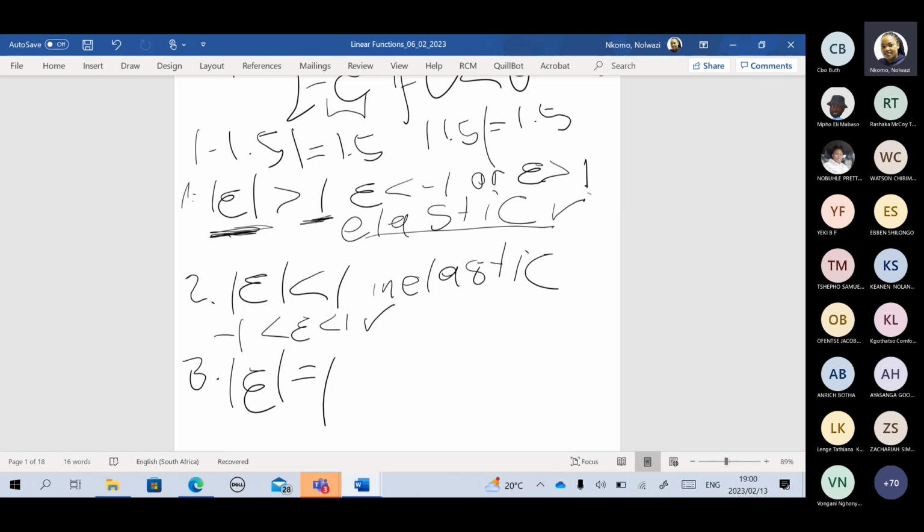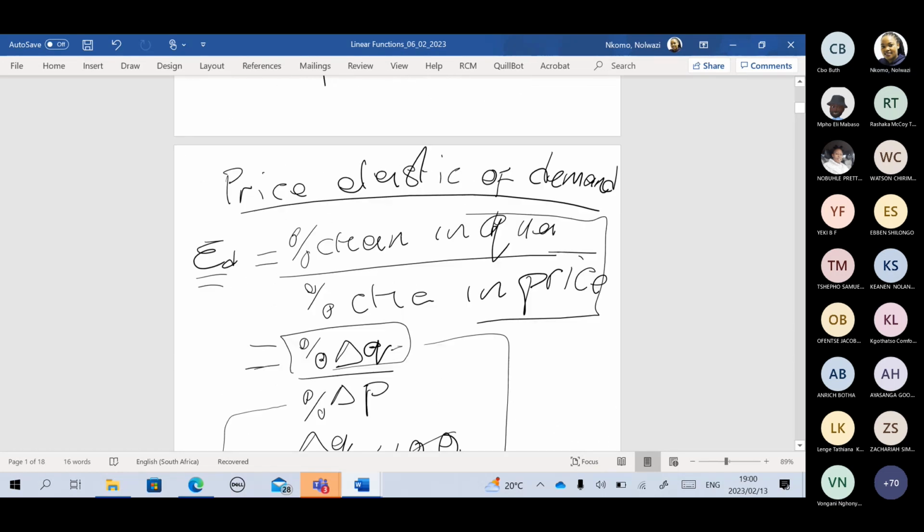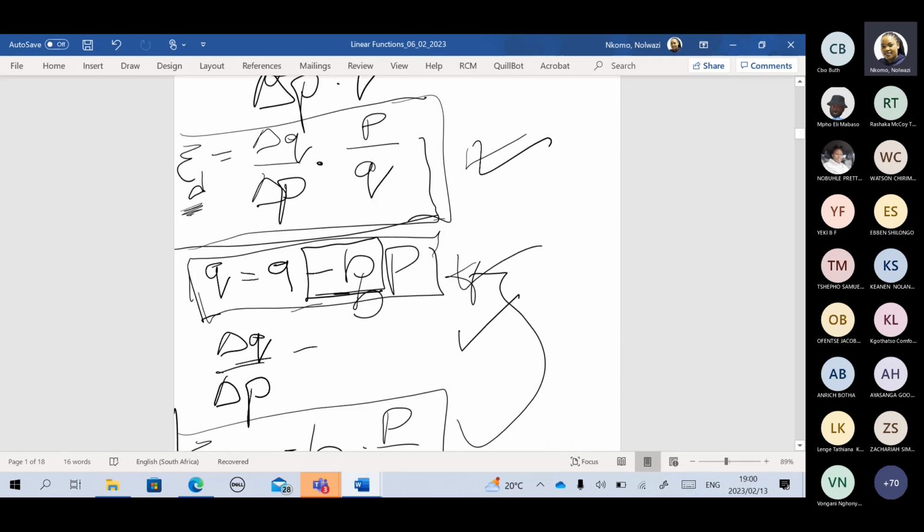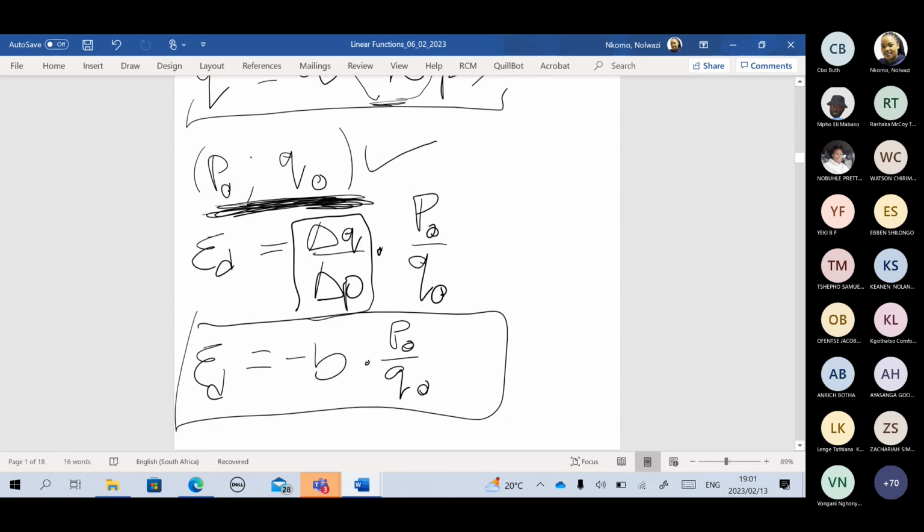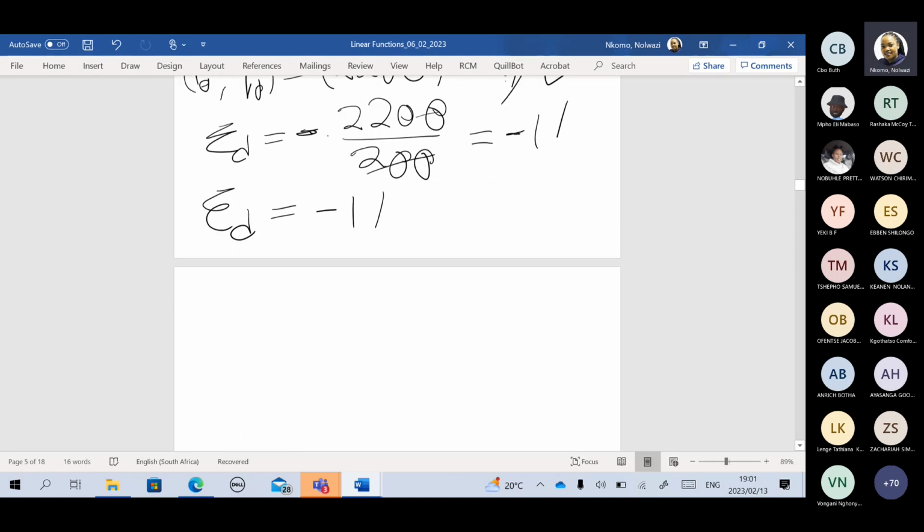But in this case, we have minus 11, right? And I said the absolute value will equal 11.